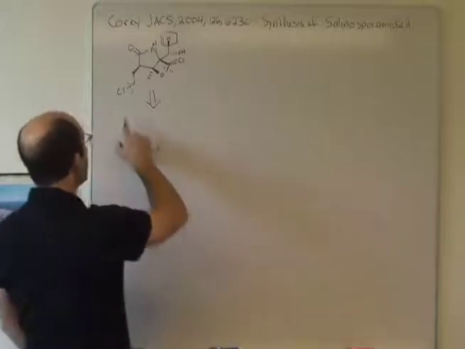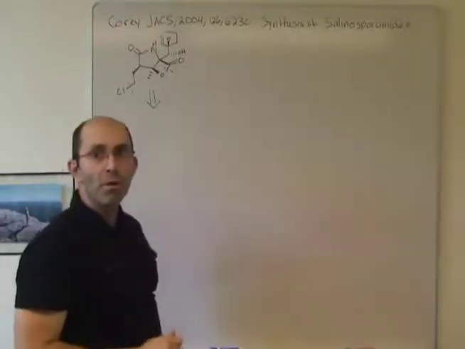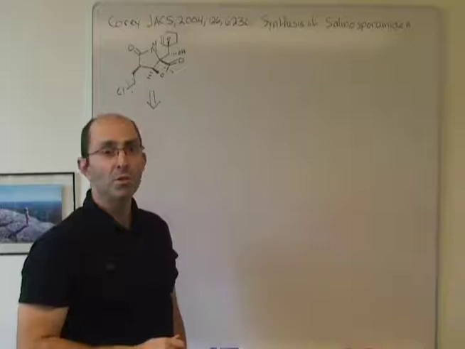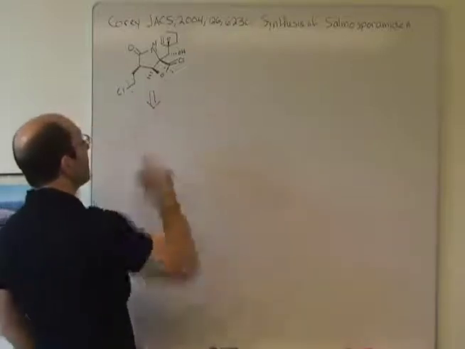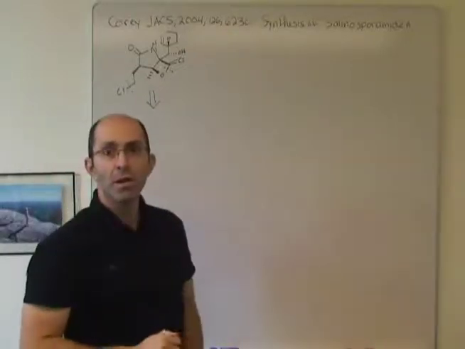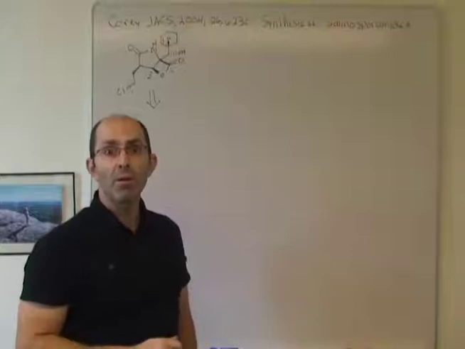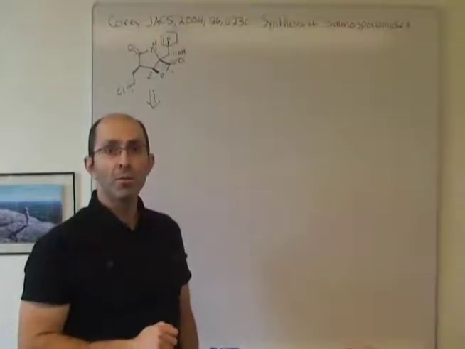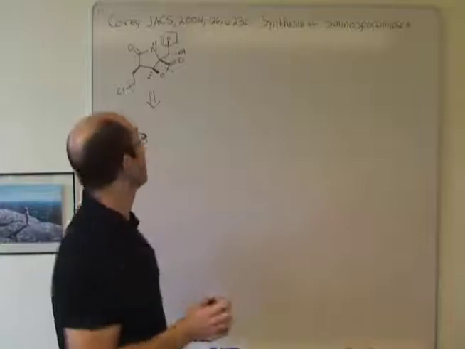We know how to make primary chlorides. We make those from primary alcohols, treating with SOCl2. And we know how to make esters, right? We can use a carboxylic acid plus an alcohol, Fischer esterification, or an acid chloride plus an alcohol, things of that sort.